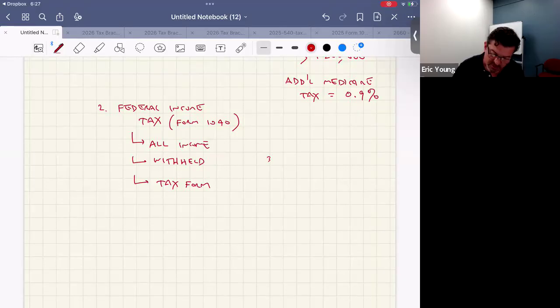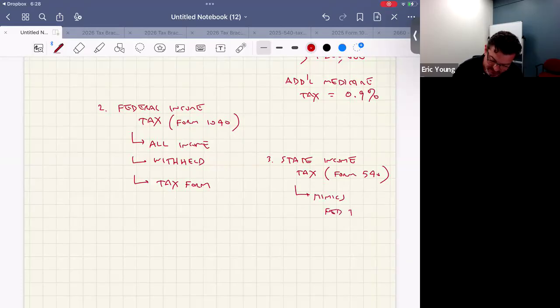And then the third tax that you're going to pay, for most Americans at least, are state income taxes. There are a handful of states that don't have state income taxes, but most do. In California, this is filed on your Form 540. So typically, your state income tax effectively mimics your federal taxes.